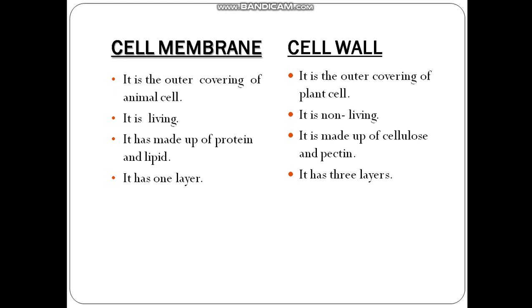So the outer covering, what is the difference between the cell wall and the cell membrane? First of all, the cell membrane is the outer covering of the animal cell and the cell wall is the outer covering of the plant cell. Second difference is that the cell membrane is living, it grows along with the cell, but the cell wall is non-living. And the third difference, it is made up of protein and lipid, while the plant cell wall is made up of cellulose and pectin. These are two chemical substances. And the fourth is that it has one layer and the cell wall has 3 layers.